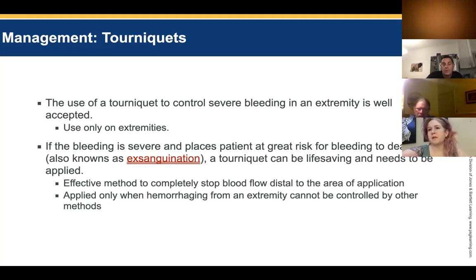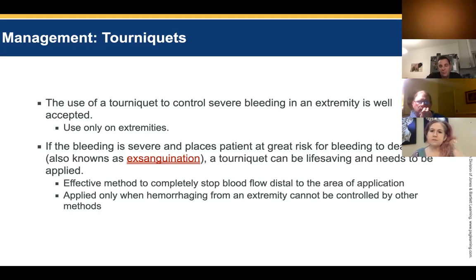I don't know if you guys carry a sling or Curlex? Yeah, we could always do some kind of ad hoc, but there's one specific piece of equipment, not necessarily just a throw together type tourniquet. There's one specific piece of equipment that we could use. A blood pressure cuff. Geez, Patty. Yeah, a blood pressure cuff.